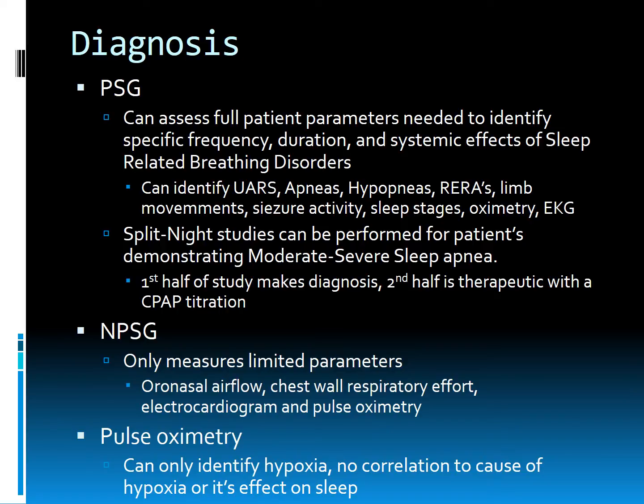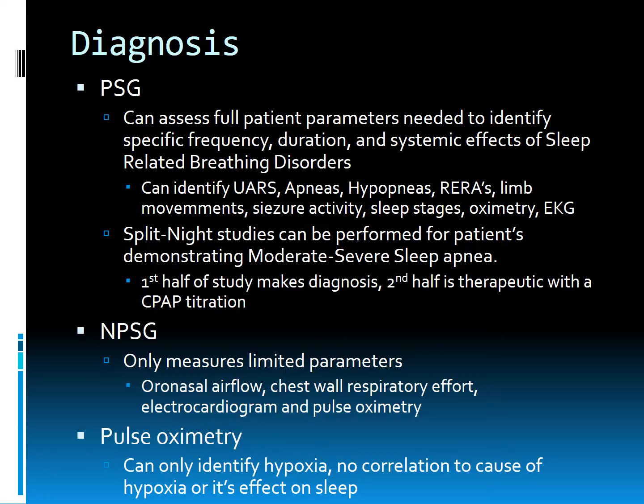diagnosis. In order to be diagnosed with OSA, a polysomnogram or PSG must be performed. This can assess the full patient parameters needed to identify specific frequency, duration, and systemic effects of sleep-related breathing disorders. It can identify upper airway resistance syndrome. It can identify apneas. It can identify hypopneas. It can identify RERAs.